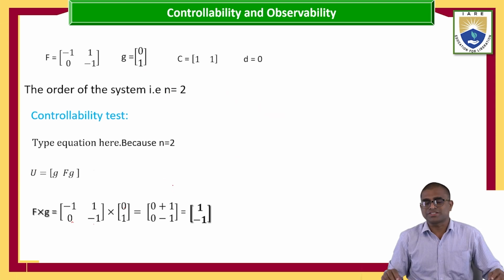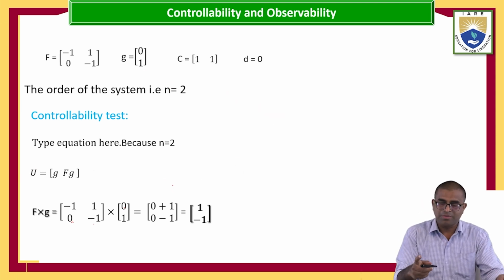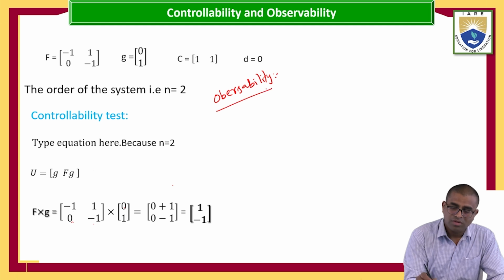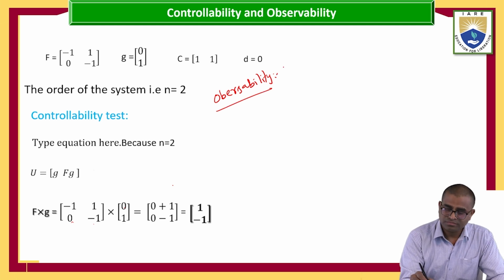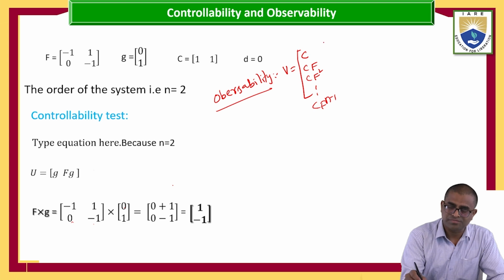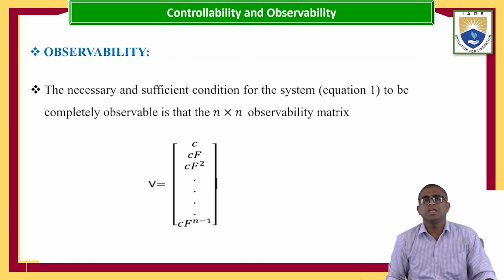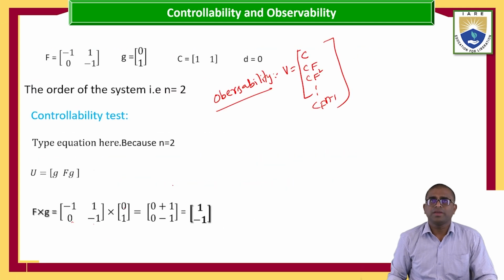Coming to the observability test. What is the observability formula? V equals the column matrix C, CF, CF square, up to CF^(n-1).